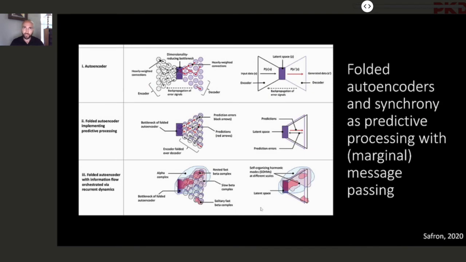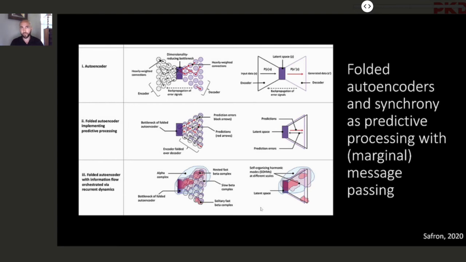In terms of mechanistic and computational principles, I focus on variational autoencoders and describe ways in which modifications of these can be viewed as having correspondences with predictive processing.